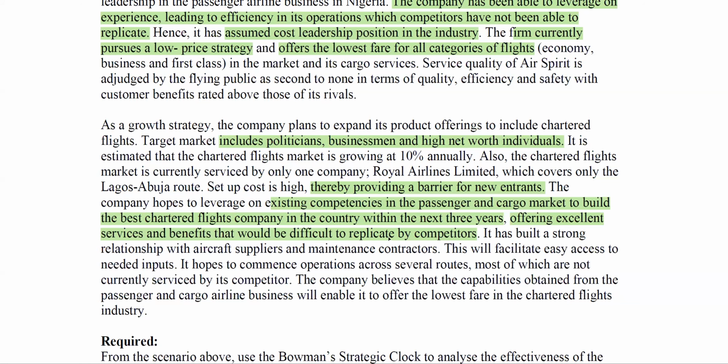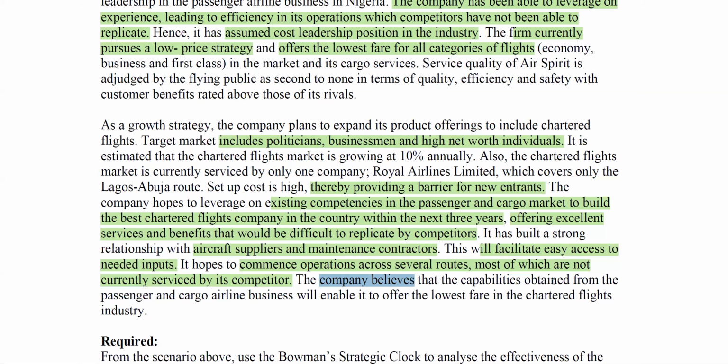So remember, I told you that anything that cannot be copied creates competitive advantage. It has built a strong relationship with aircraft suppliers and maintenance contractors, and this will facilitate easy access to needed input. It hopes to commence operations across several routes, most of which are not currently serviced by its competitor, right? This is the plan of the company.